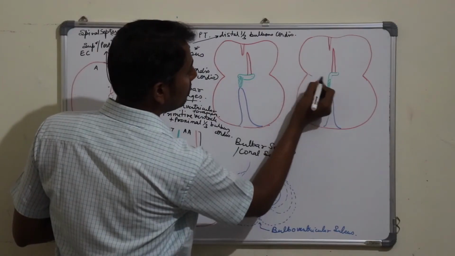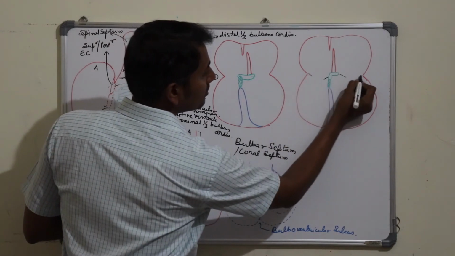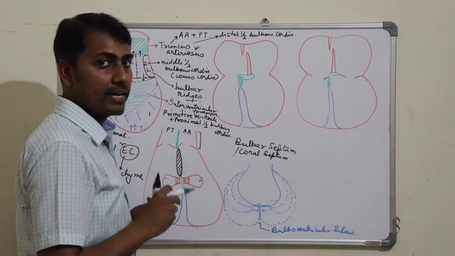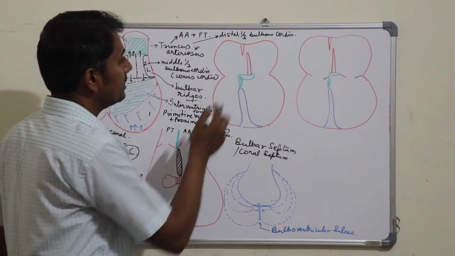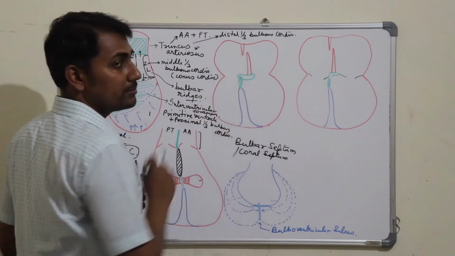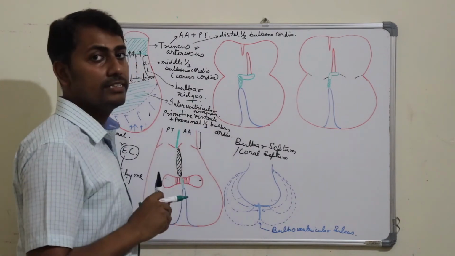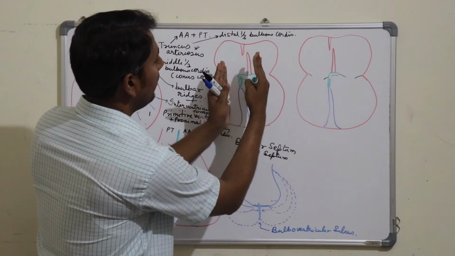These are the walls of the AV canal, the mitral and the tricuspid valve. So now we can make out two things from these two diagrams. The first is that the development of the interatrial septum and the interventricular septum doesn't occur in the same plane. These are at two different planes.